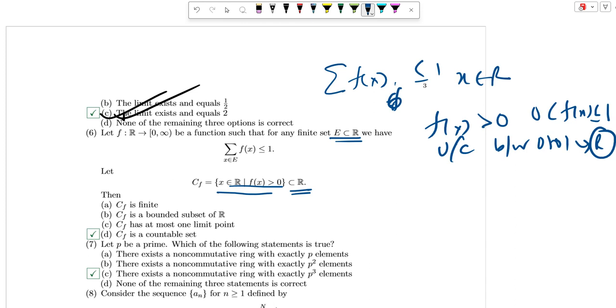However, the set CF contains only those x values.